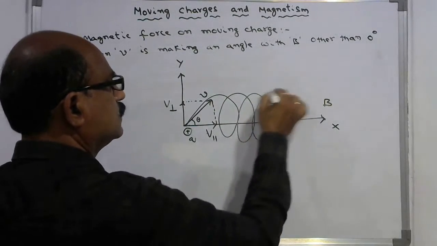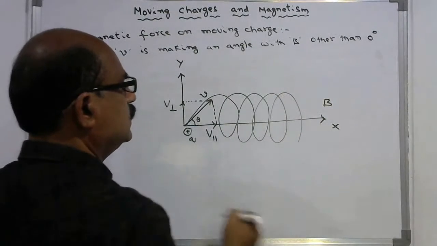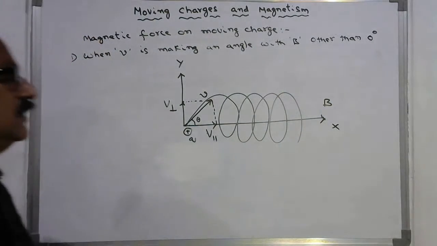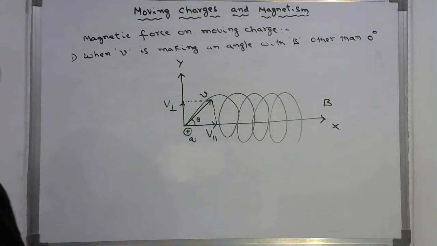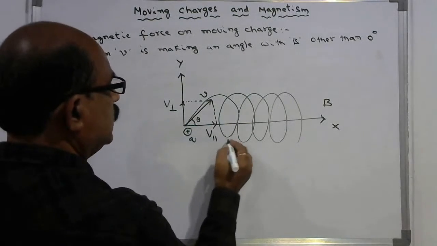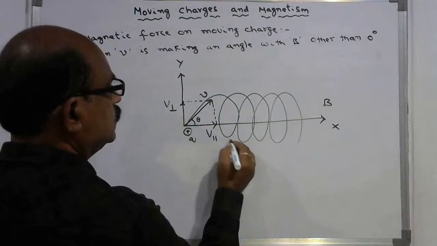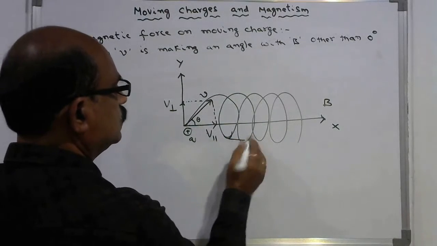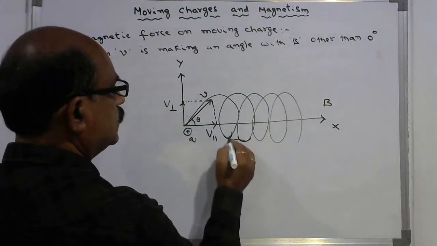So it keeps on moving in a helical path. In one cycle, this charge moves from this point to this point.